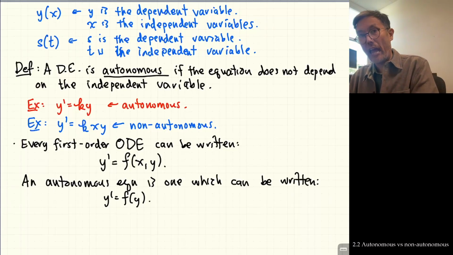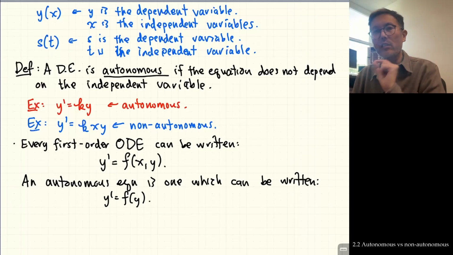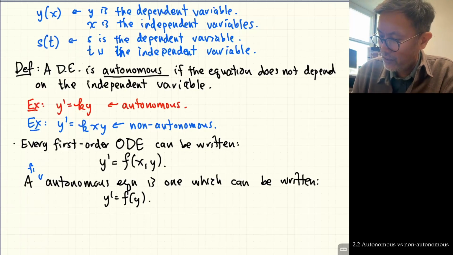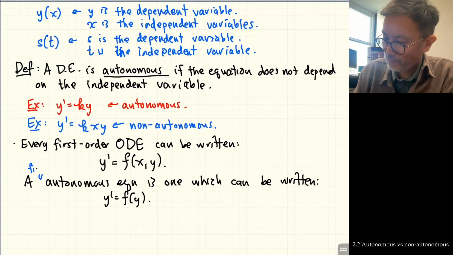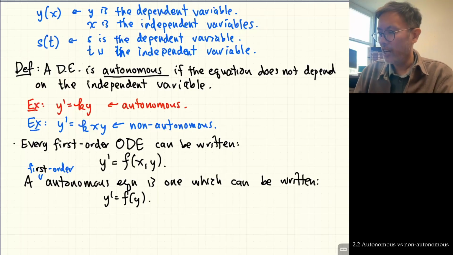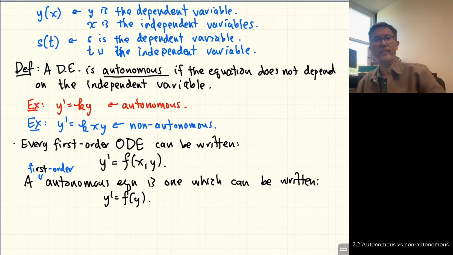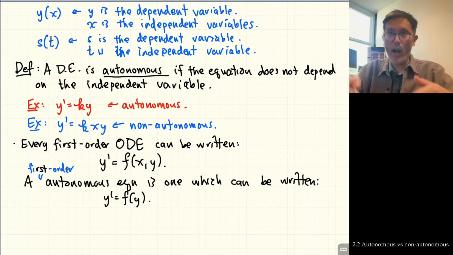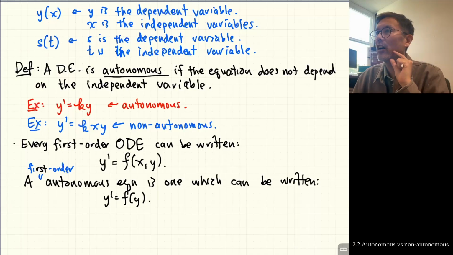This isn't just every autonomous equation can be written like this. This is specifically for first order autonomous equations. So let me actually erase that as well. Replace this with a first order. Oh no, what have I done? Oh well, you're just going to have to deal with that. A first order autonomous equation is one which can be written as the derivative of y is equal to some function of y only. So that's another perspective on the notion of being an autonomous equation.